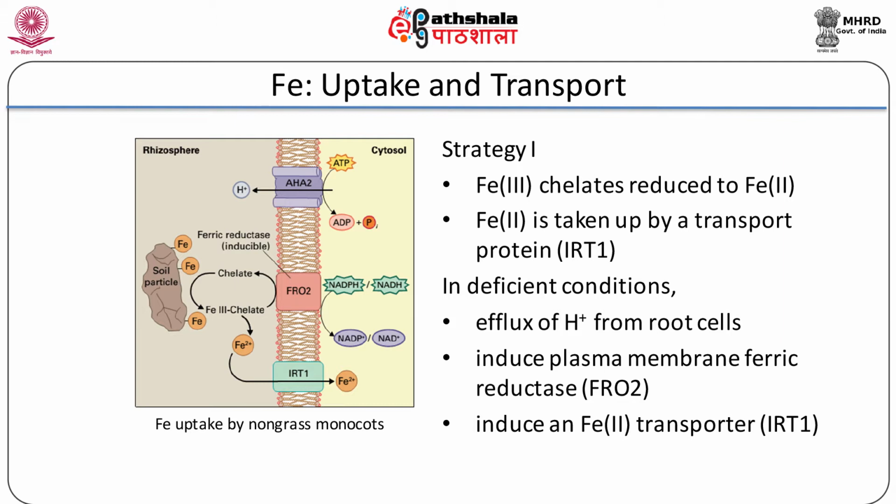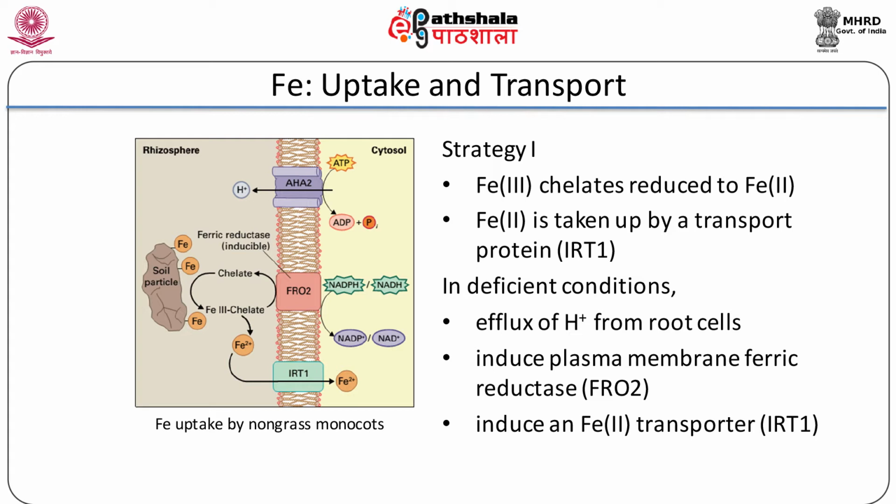FRO2 reduces Fe3 chelates in the rhizosphere, releasing Fe2. This enzyme is a member of flavocytochromes that transports electrons across membranes. The high affinity transporter called as IRT1 or the iron regulated transporter 1 transports Fe2 across the plasma membrane.